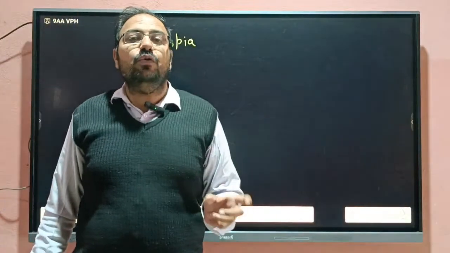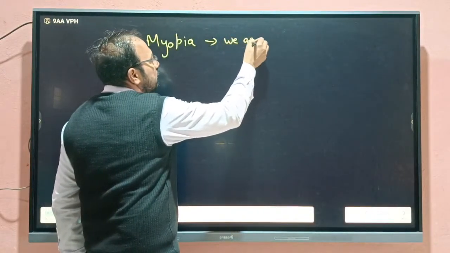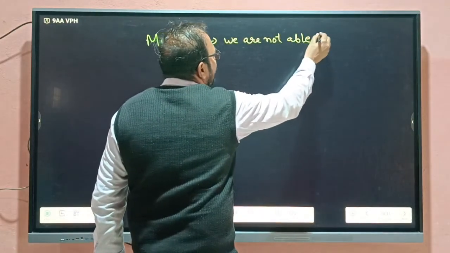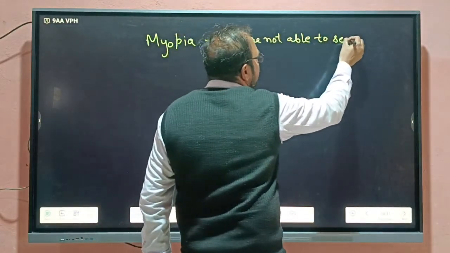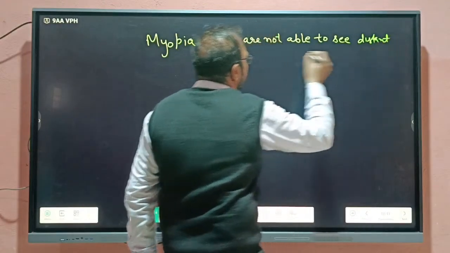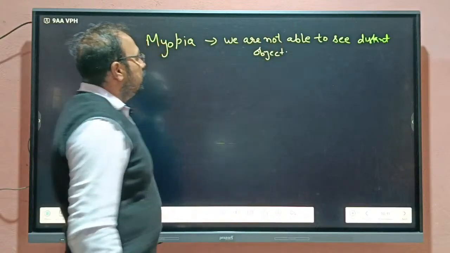Okay, so in myopia we cannot see the distant object. We are not able to see distant objects.